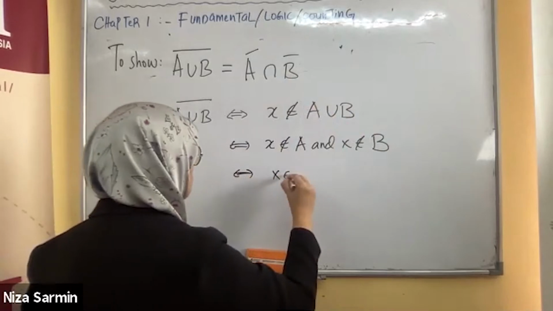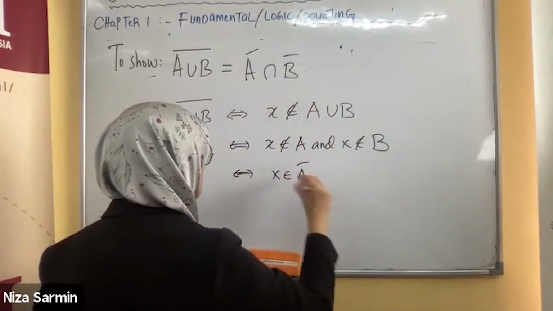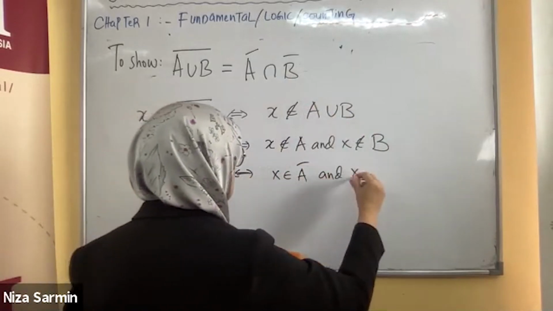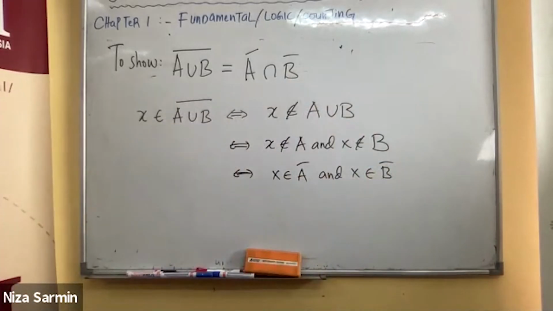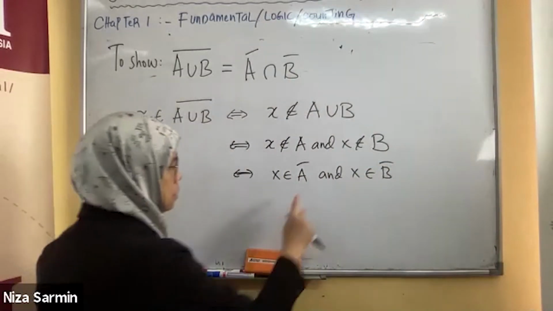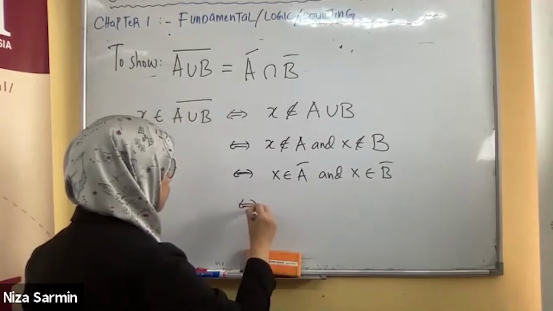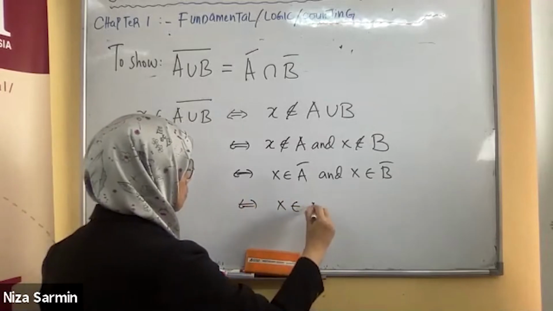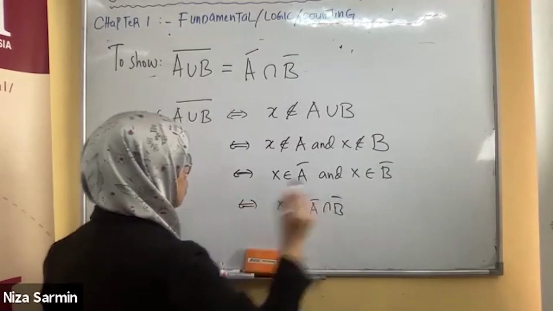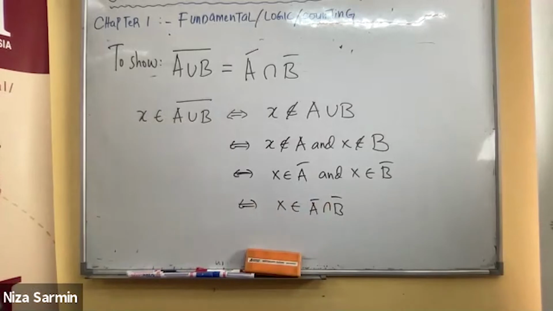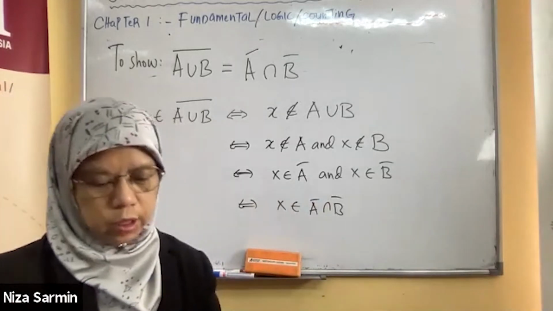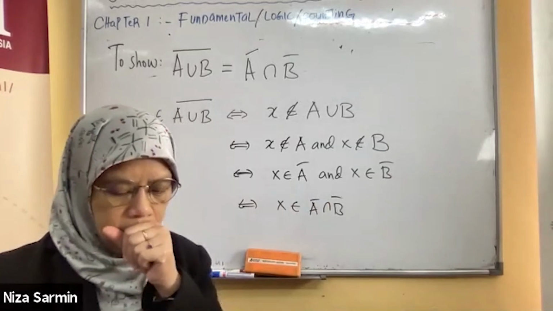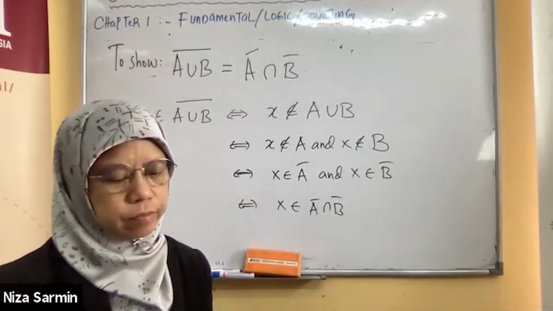This X is in A complement and X is in B complement. And this is the definition of A complement intersect B complement. Okay. This is what I mentioned to show, to prove with a definition.